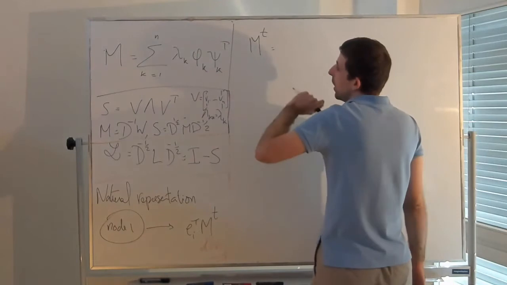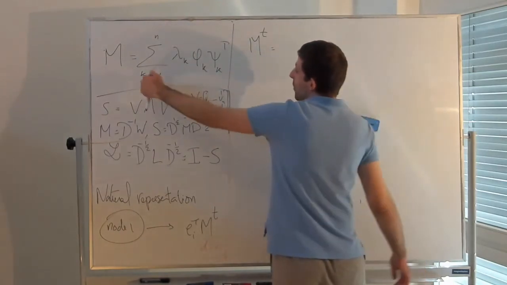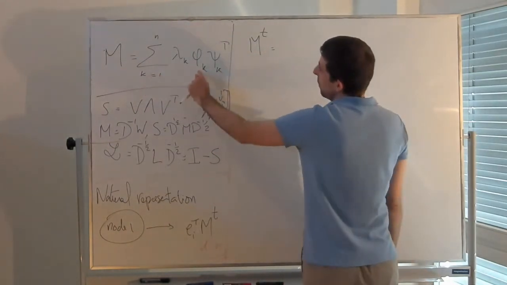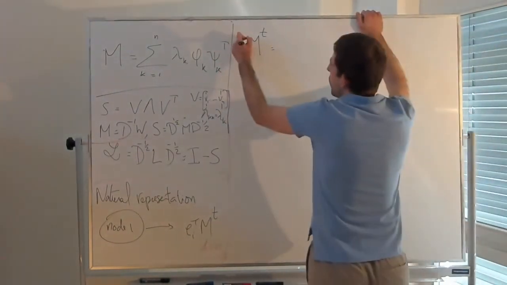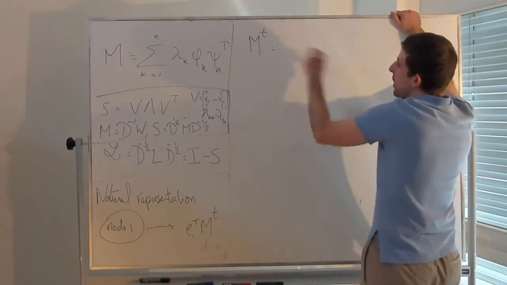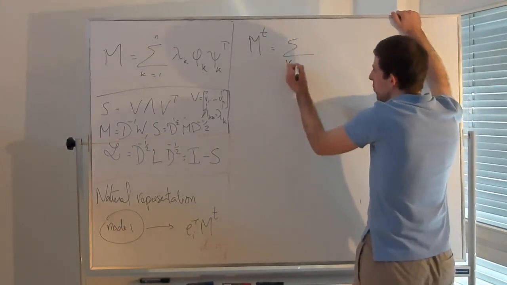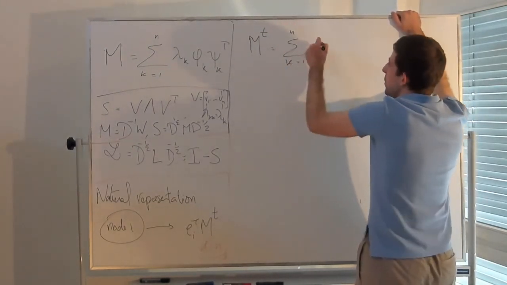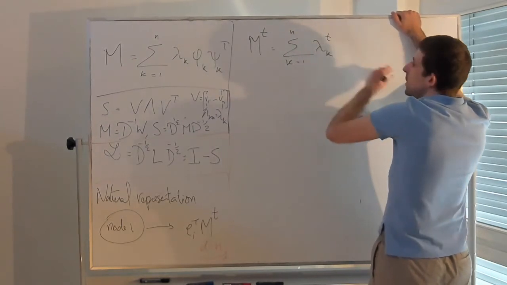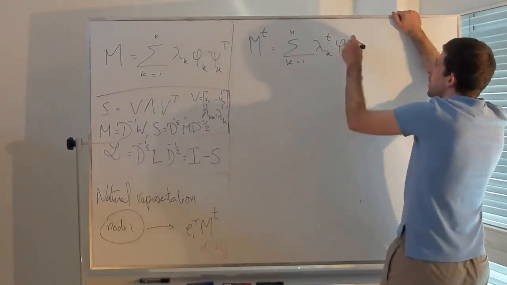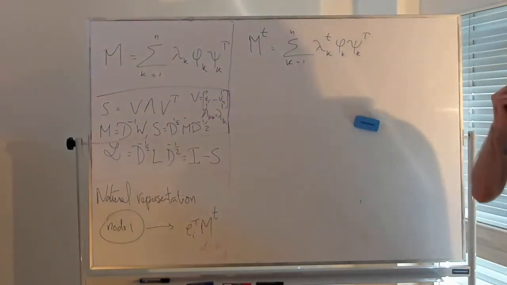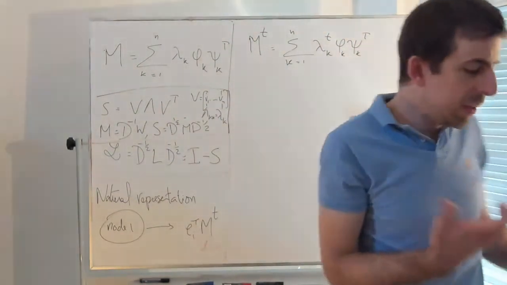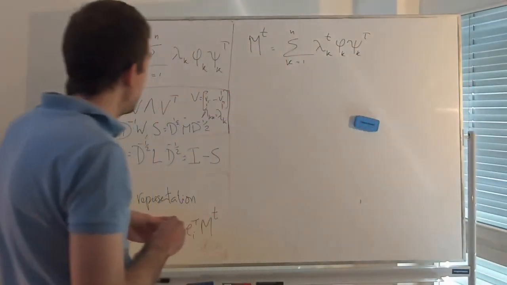Because if I take two different k's, there will be a psi k1 hitting a phi k2, and that gives 0. So only the diagonal terms remain, and we have M to the t, just like in normal spectral decompositions. This is just lambda k to the t phi k psi k transpose.